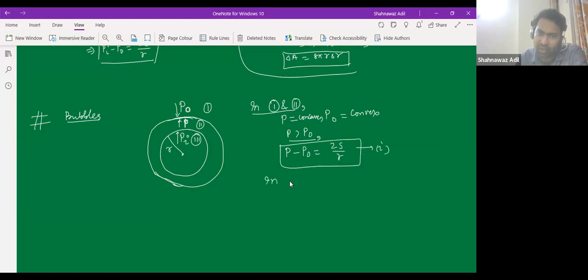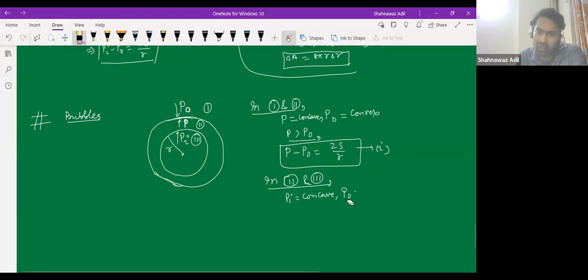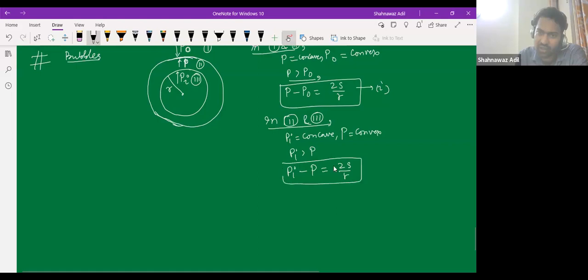Similarly, in the second and third surfaces, Pi is the concave one and P is convex. So Pi would be greater than P, and Pi minus P would be again 2S by r. So this is the second relation.